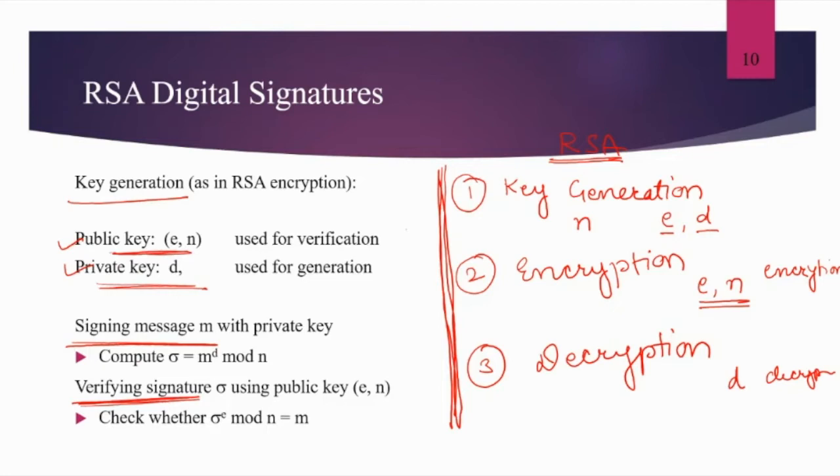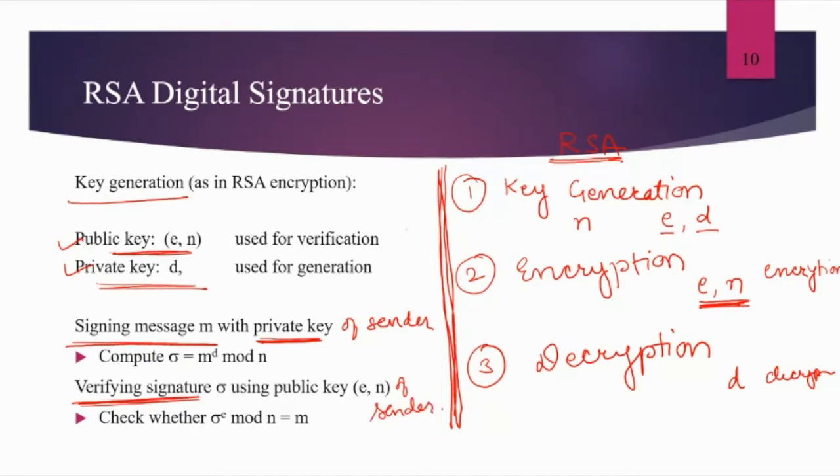So there is this straightforward analogy between RSA digital signature and RSA. The only difference is that in encryption we use the public key, but here while signing we use the private key of the sender, whereas during verification we use the public key of the sender, so that we can verify that.